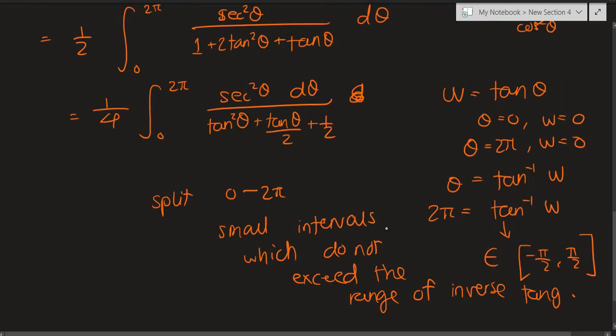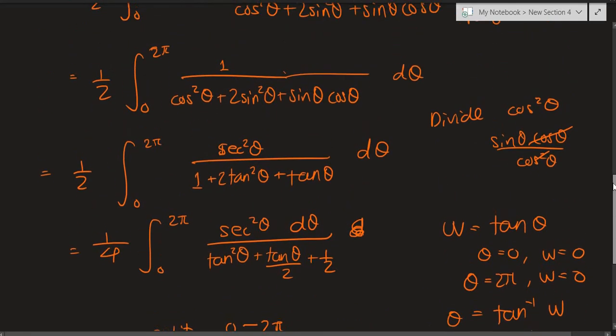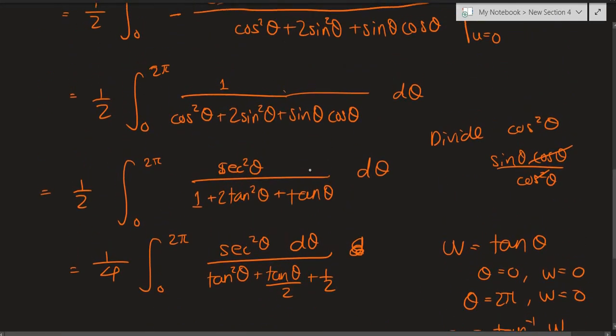To break up the interval from 0 to 2 pi, the symmetry of this function, even before the rearrangement of tans, is going to be very useful, because we have to look at over what angular ranges this integrand becomes positive, and over what range it becomes negative.